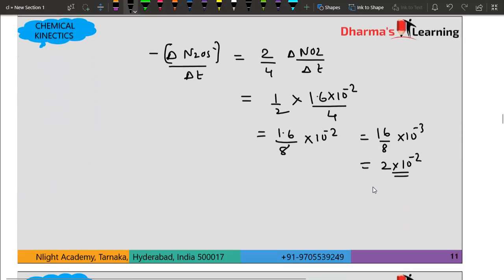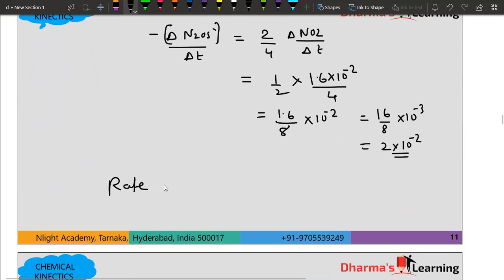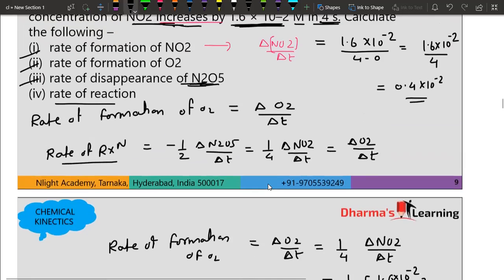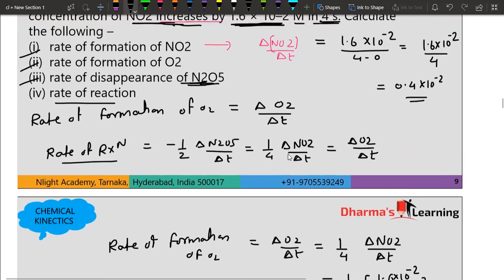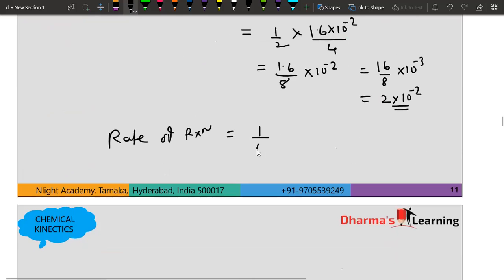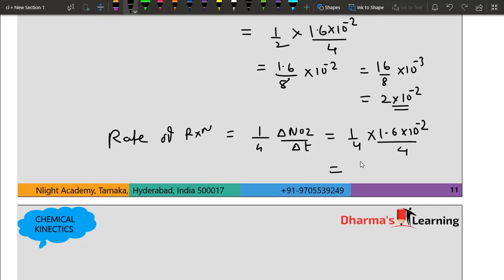So the rate of reaction, let's consider with respect to NO2 only, is 1 by 4 change in concentration of NO2 divided by change in time, which equals 1 by 4 into 1.6 into 10 to the power of minus 2 divided by 4. We get the same thing, 1.6 divided by 16 into 10 to the power of minus 2, which equals 10 to the power of minus 3.